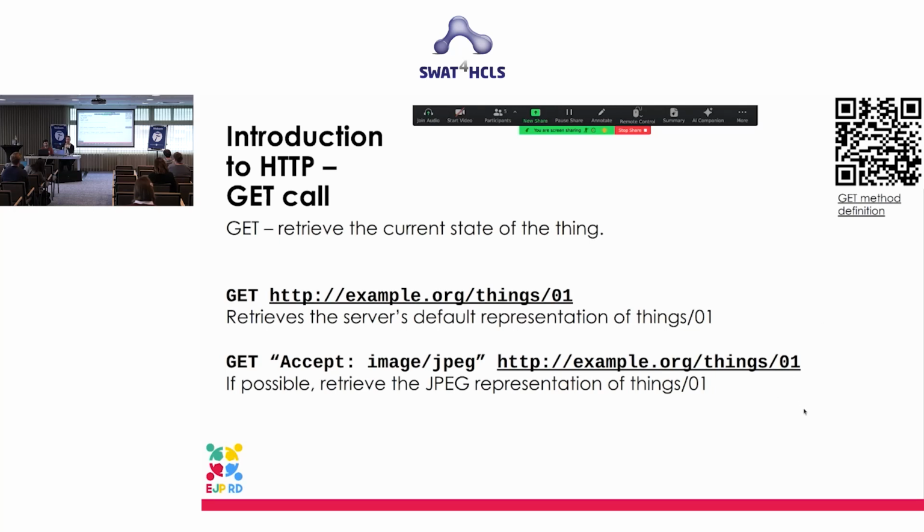But we can also specify the exact representation of things1 that we want. So for example, if we say get, accept image JPEG, at the same address, we would get, if possible, the representation in an image form, JPEG format, of things1.